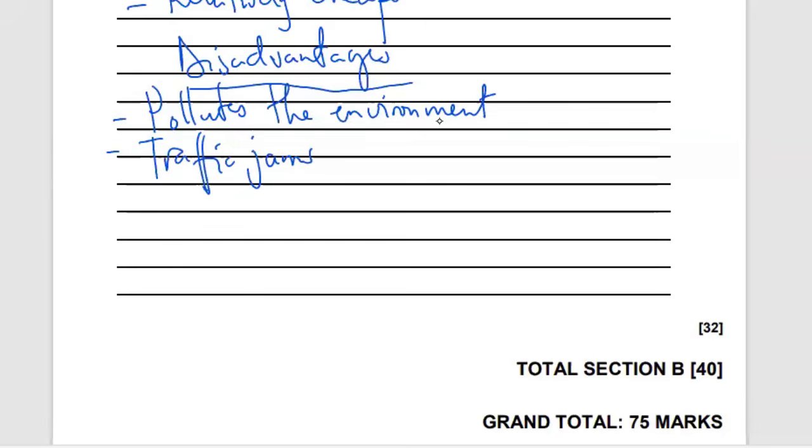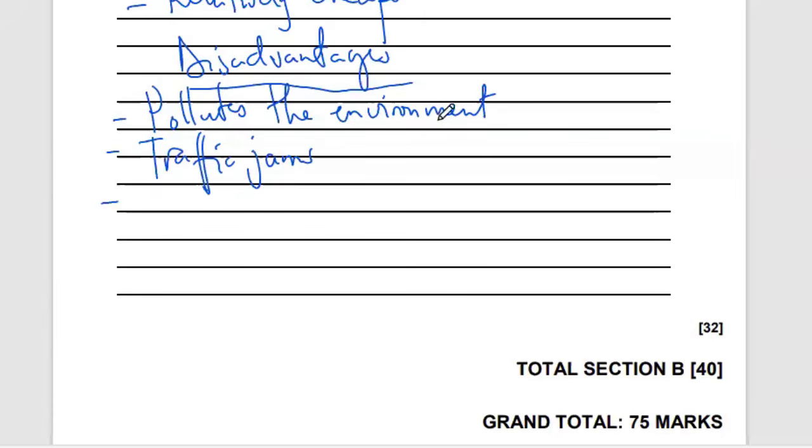So basically, that is a disadvantage when you have traffic jam situations. Maybe you have some non-functioning traffic lights, then there's a traffic jam that causes delays. Traffic jams are most prevalent, especially during the peak hour.